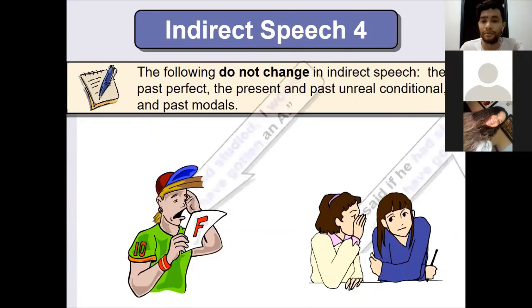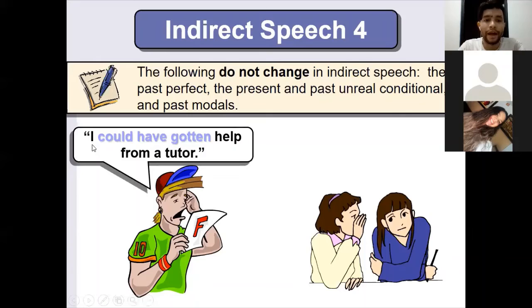Now, another example. I could have gotten help from a tutor. Could have gotten. This is a past modal. So how do you think is the reported speech? Here it says the past modals don't change. So how would it be?